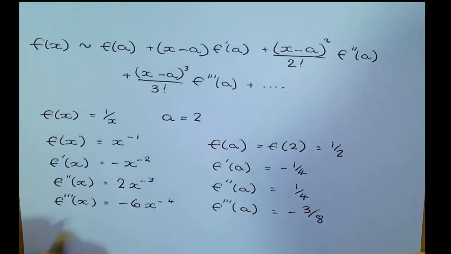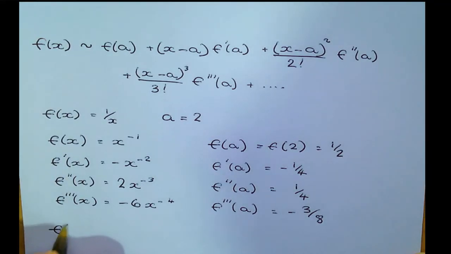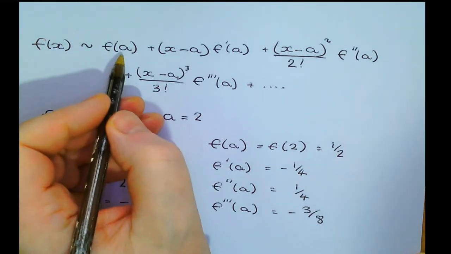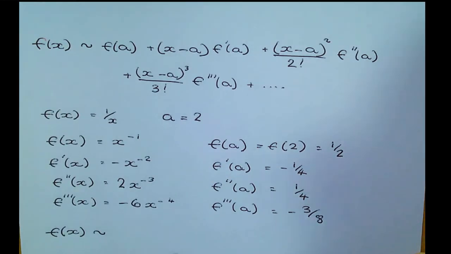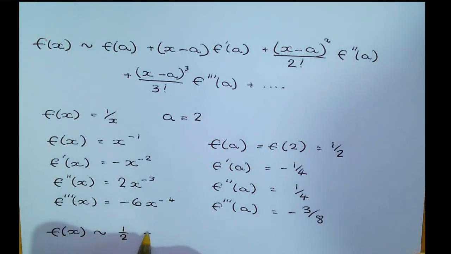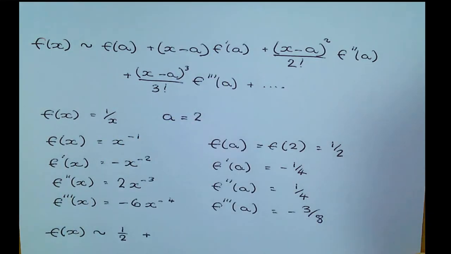So let's write it out now, using the formula here. f of x will be approximated by f of a, well that is 1/2, plus x minus a times f dashed of a.